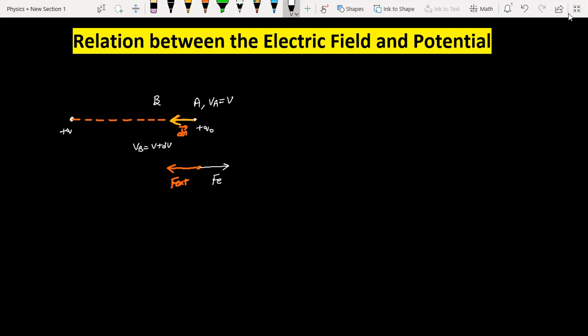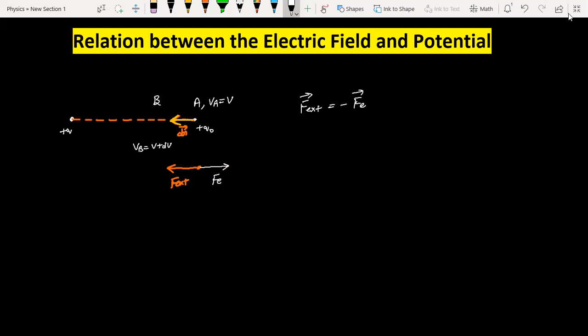The external force and the electric force are different in direction, but the magnitude is the same. So we can write the external force as the minus of the electric force.